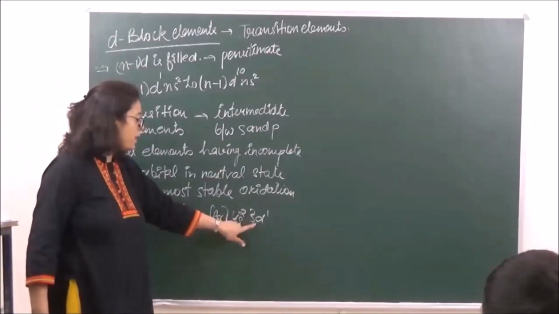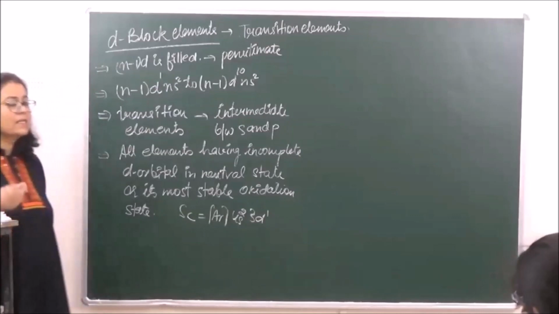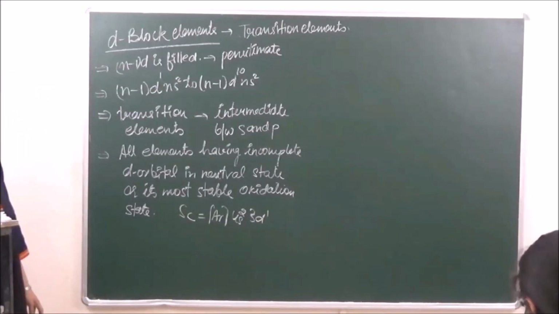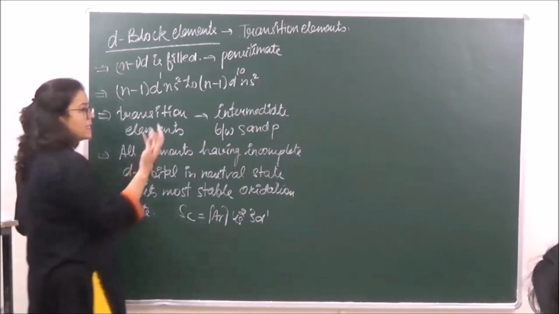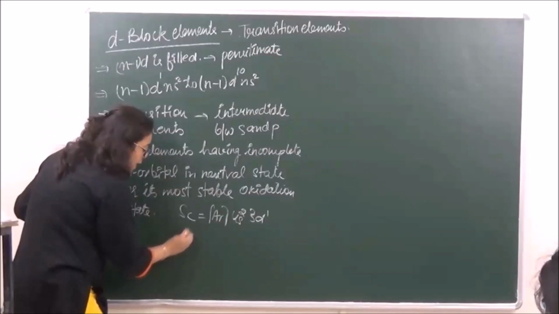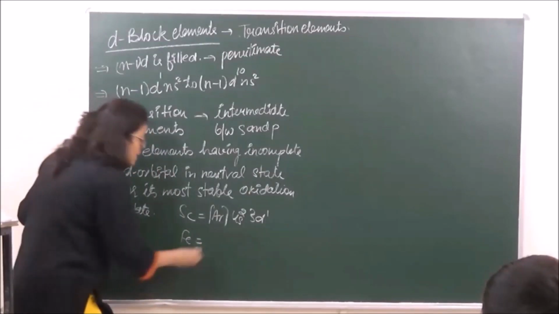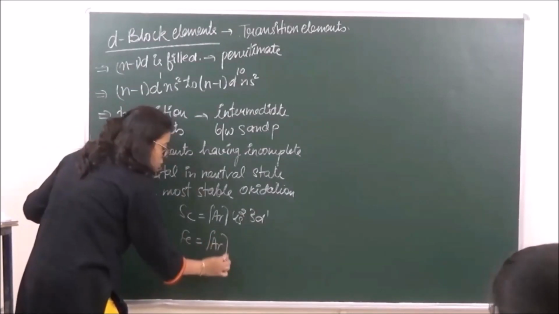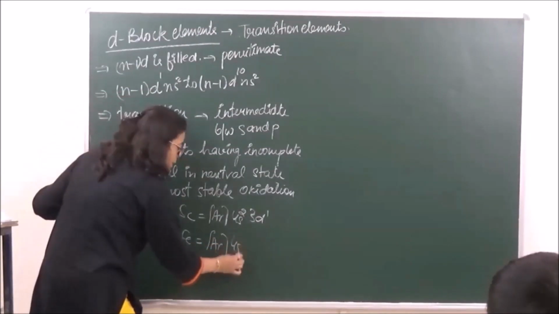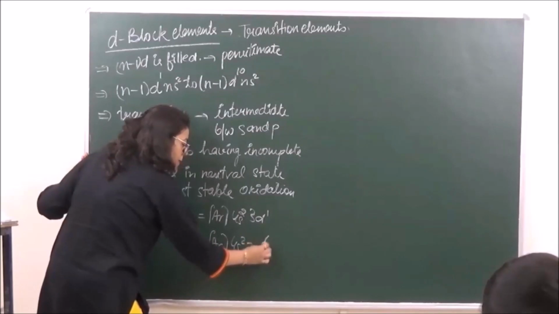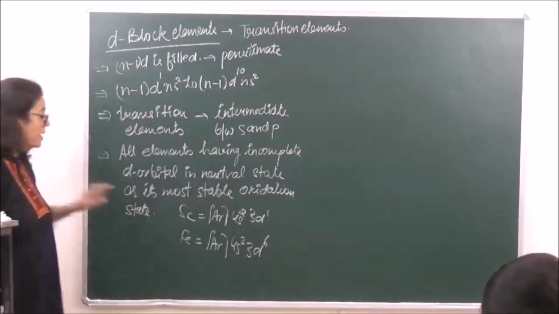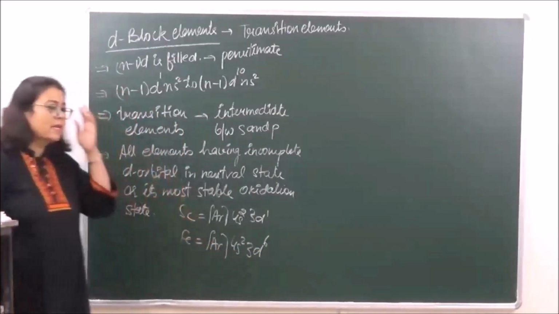You can see that 3d1 means it has an incomplete d configuration. Similarly, let's take iron. The atomic number of iron is 26, so the electronic configuration is argon 4s2 3d6. Again, the 3d over here is incomplete.